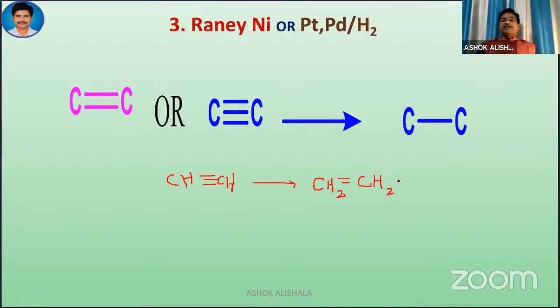That means in presence of Raney nickel or platinum, palladium in hydrogenation, whether you take alkyne or alkene, finally it will be converted into the alkane.